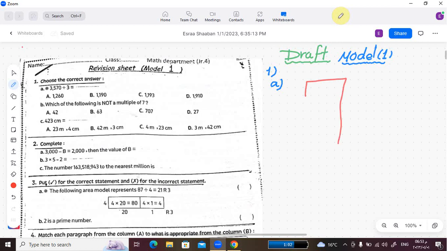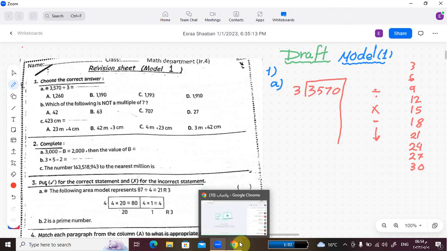We put the dividend inside and the divisor outside, and don't forget to write the timetable of the divisor: 3, 6, 9, 12, 15, 18, 21, 24, 27, and 30. After that our steps are divide, times, minus, drop.